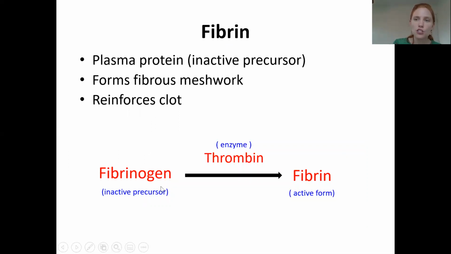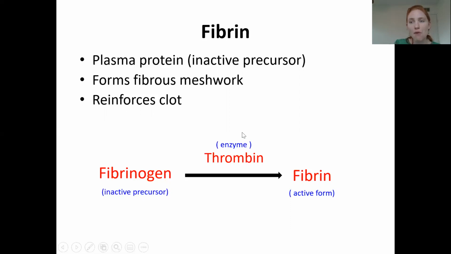But the precursor, the one that's just flowing along without clinging to each other, that is fibrinogen, the inactive version. In order to activate fibrinogen and turn it into fibrin, you need an enzyme, and the enzyme is called thrombin. Thrombin is related to thrombocyte and thrombus, which is a blood clot.